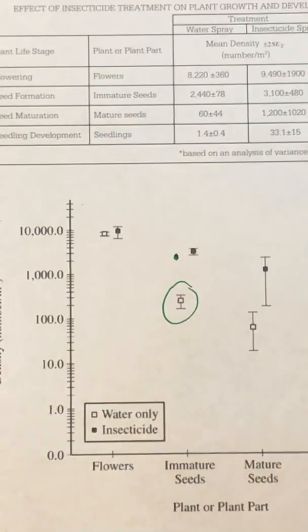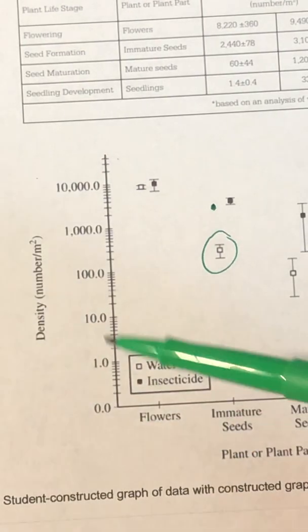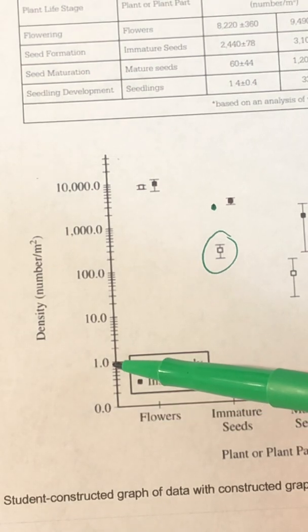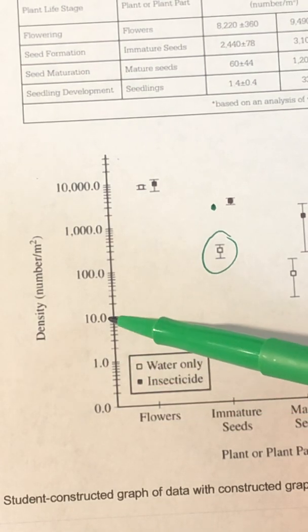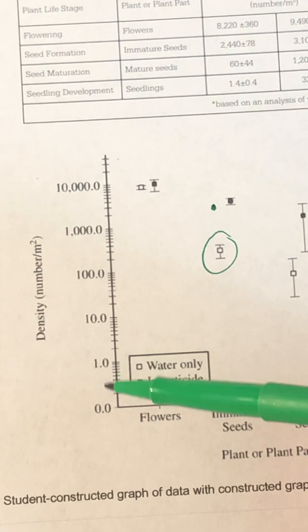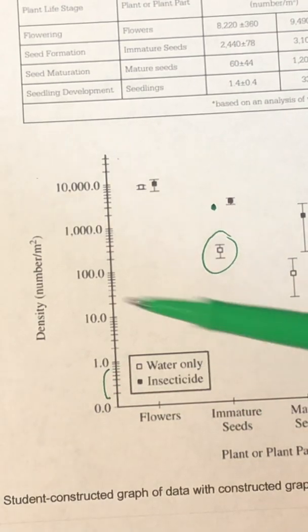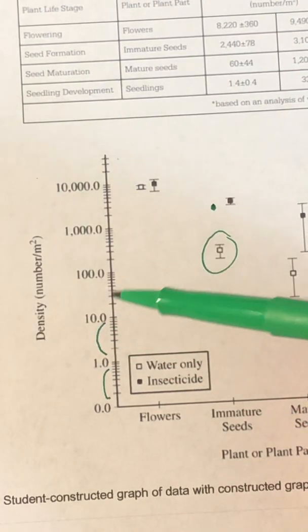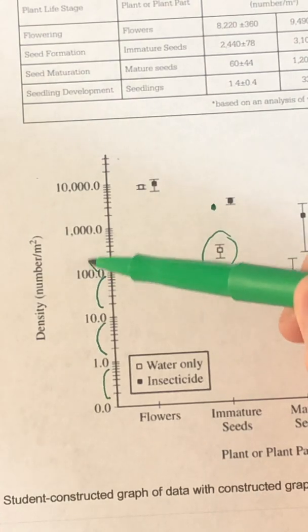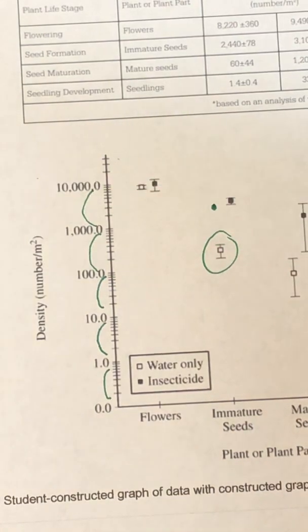And then if you notice the scale is logarithmic, because this goes from 0 to 1, and this goes from 1 to 10, so that's only 1 jump. This is 10 jumps. This is 100 jumps. This is 1,000 jumps, and this is 10,000.